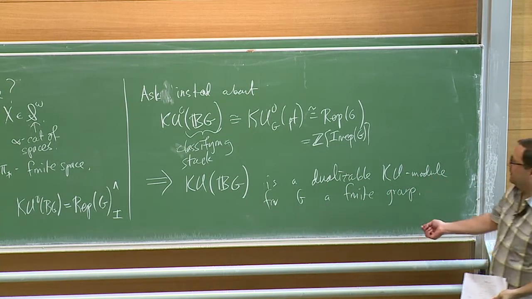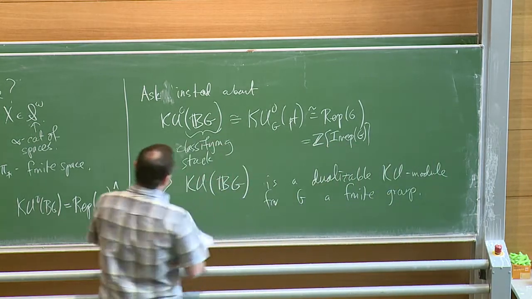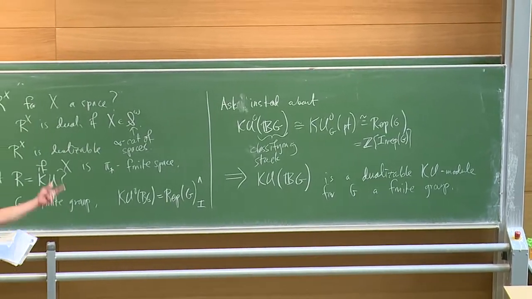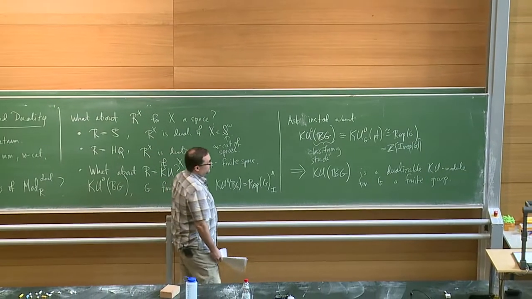So as long as we were careful to define K-theory correctly, now we found a larger class of examples that KU sees as dualizable.